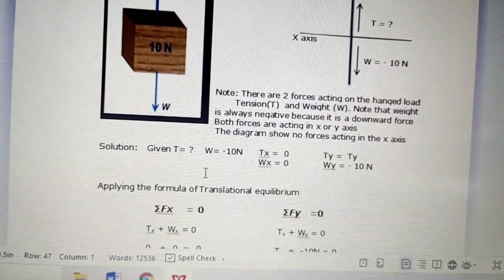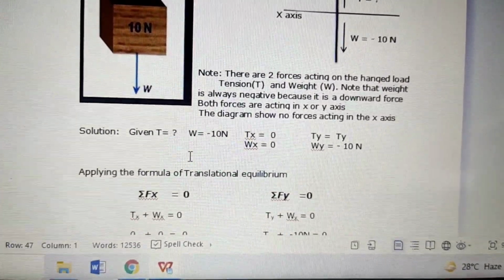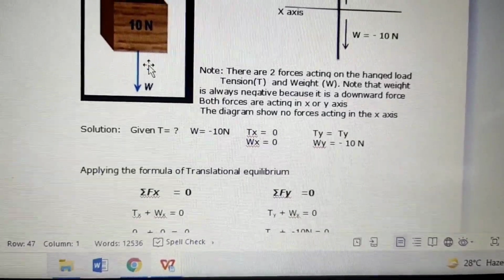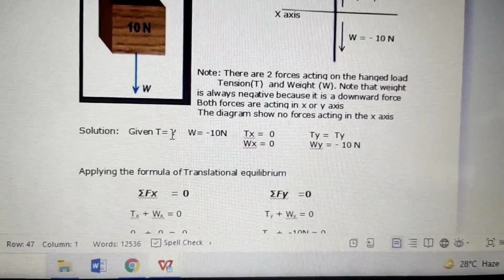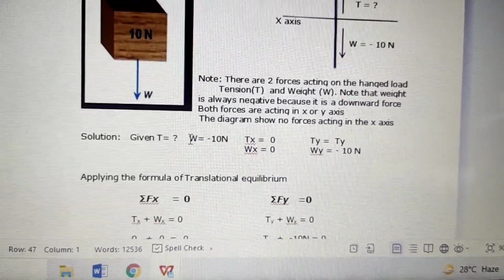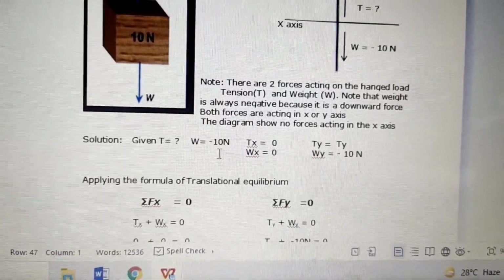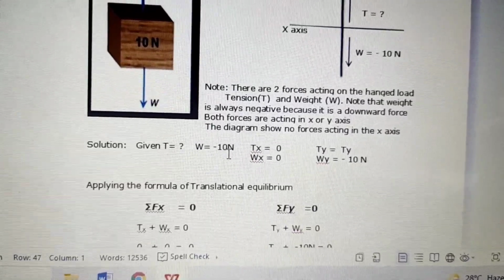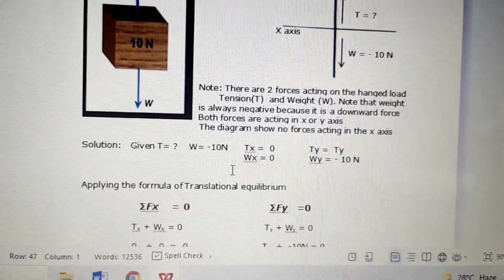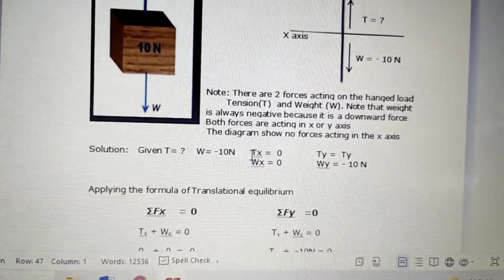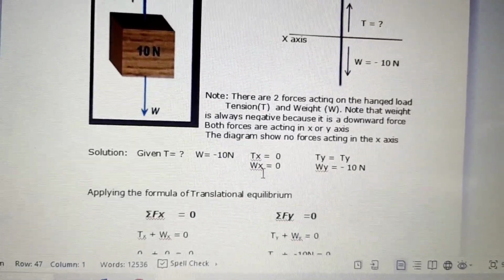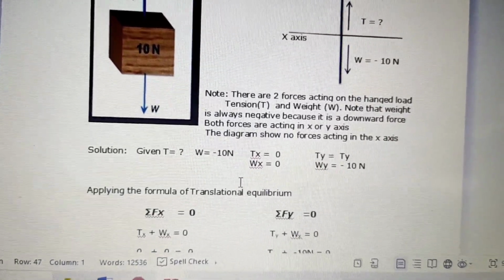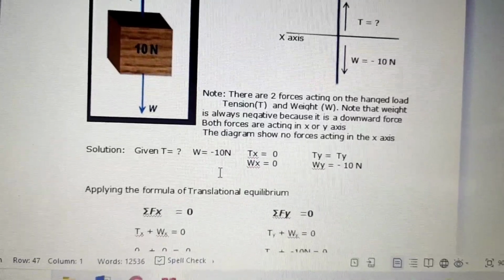So let us provide the given in the problem. Given, there are three forces acting on the load. First is the weight, which is negative 10 newtons. And then the tension force is another.